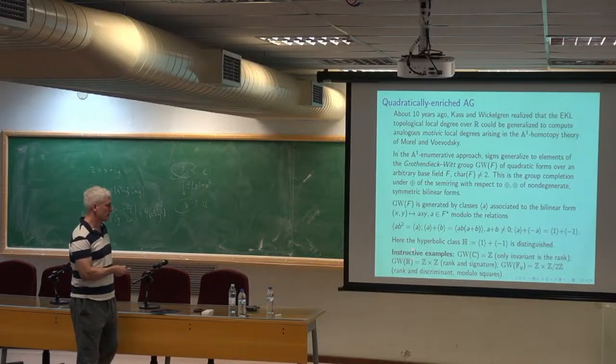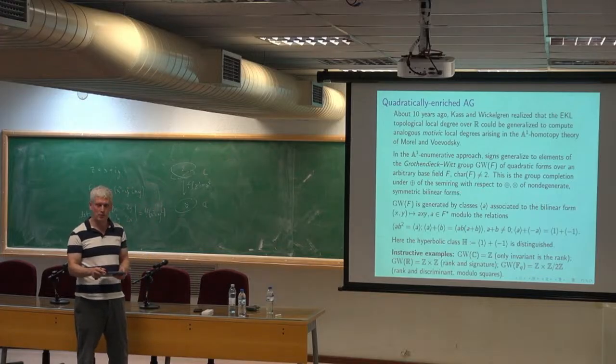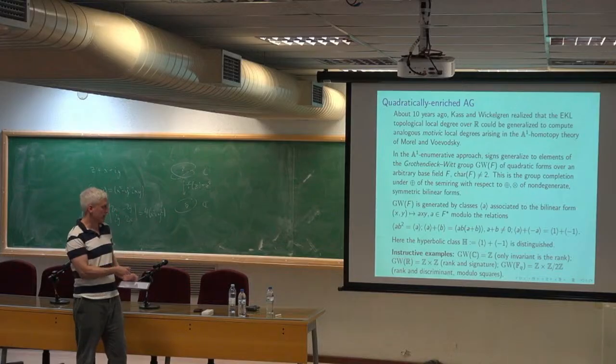So what are examples of Grothendieck-Witt groups that you should keep in mind? The very first example is the Grothendieck-Witt group of the complex numbers. The point being that over the complex numbers, the only non-trivial invariant of a quadratic form is its rank.